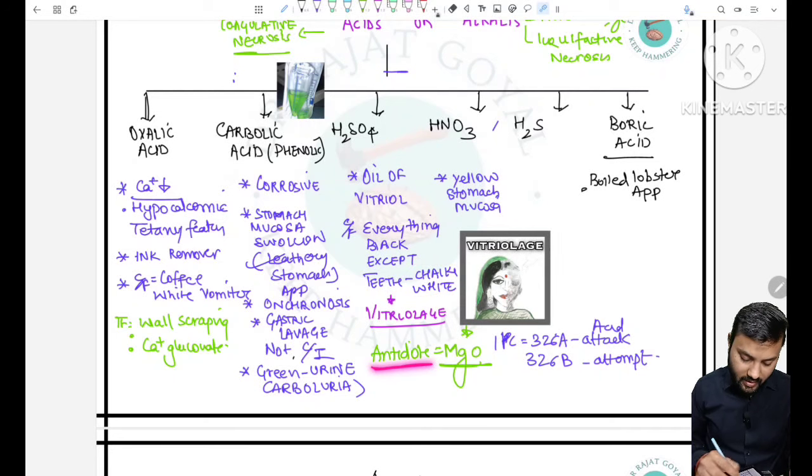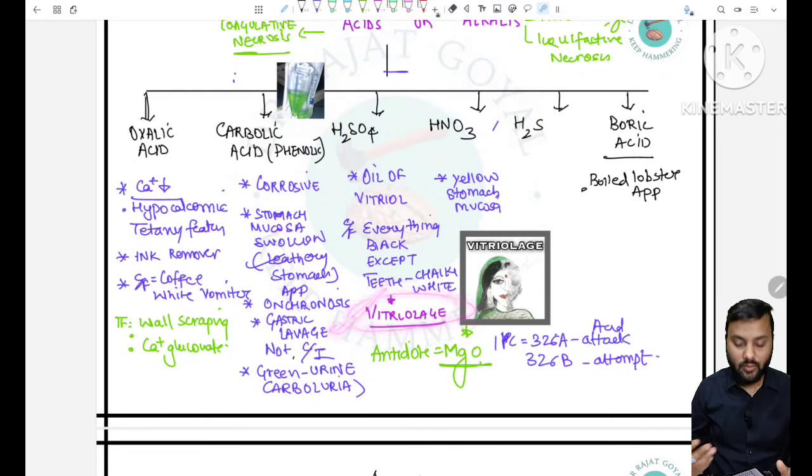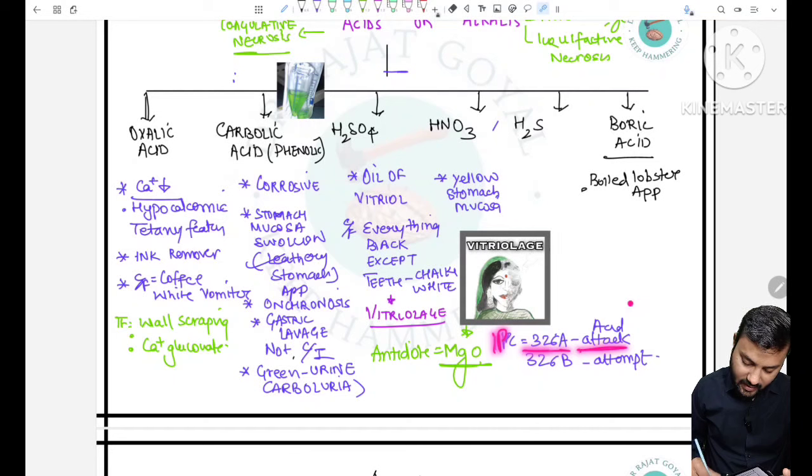The antidote used for H2SO4 poisoning is MgO, just to neutralize it. And what is vitriolage? Vitriolage is throwing acid on another person. So the IPC for vitriolage is 326A for the acid attack, and if it is attempted, then 326B.